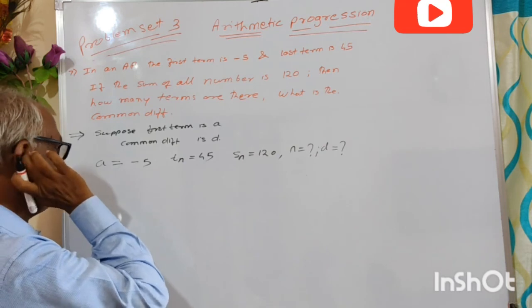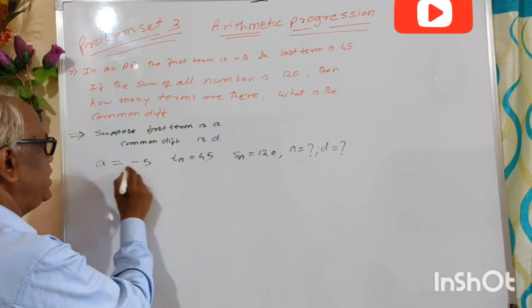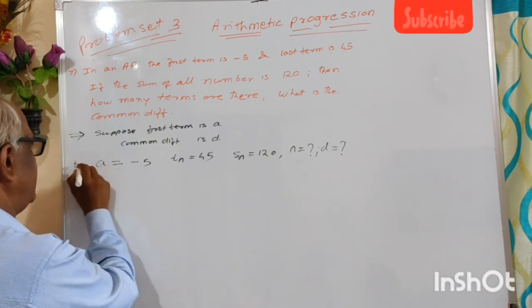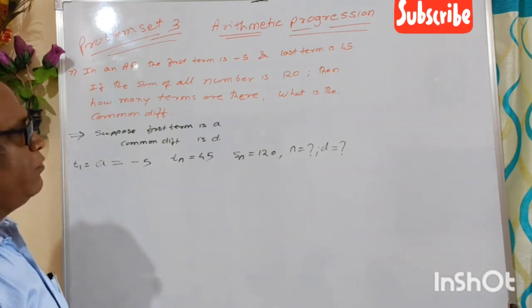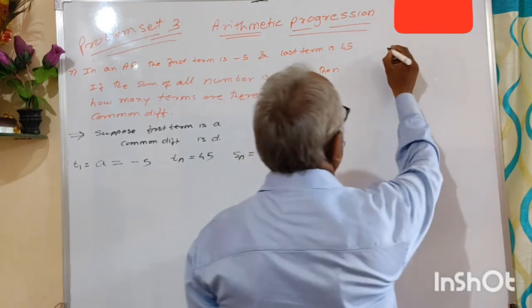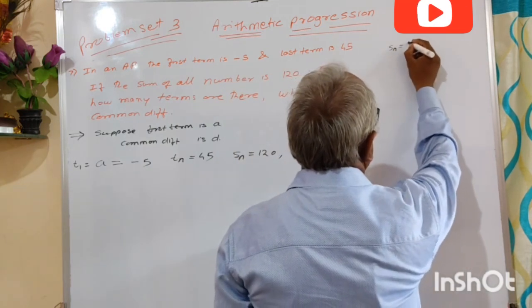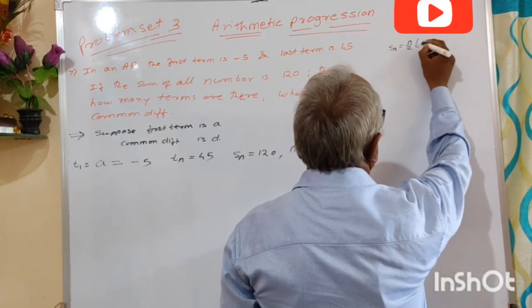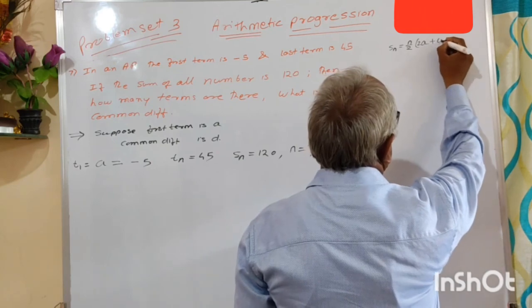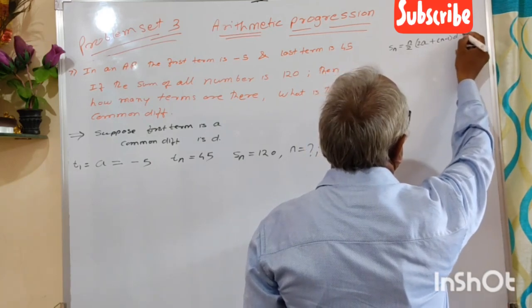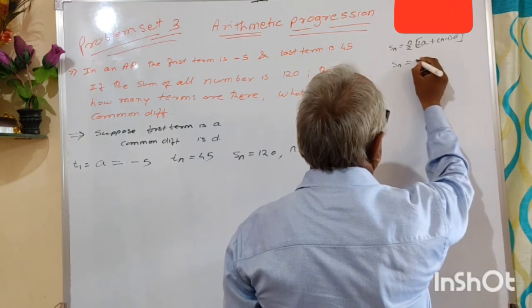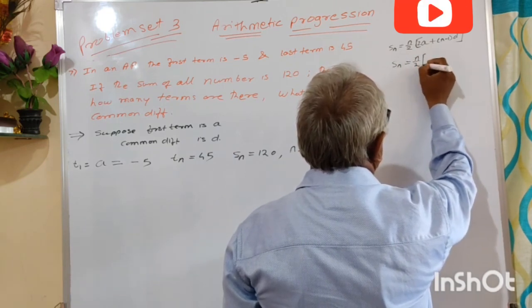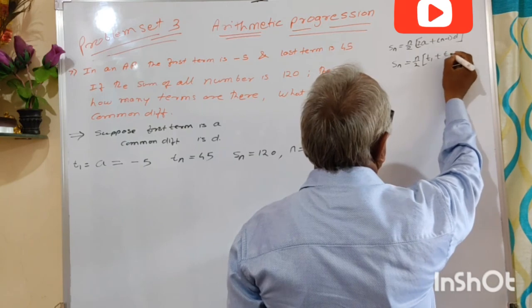Now here A is equal to minus 5, that means T1 is equal to A is equal to minus 5. Here we know the two formulas, that is Sn is equal to n upon 2 in bracket 2a plus n minus 1 into D, and again one formula we know, Sn is equal to n upon 2 in bracket T1 plus Tn.